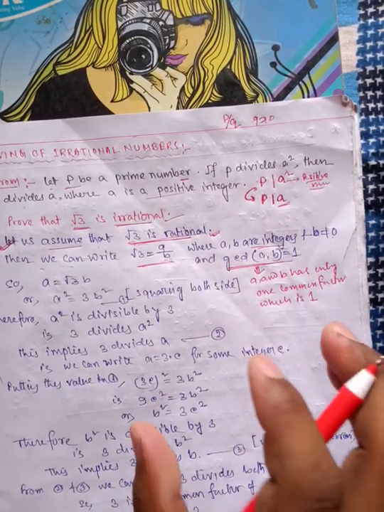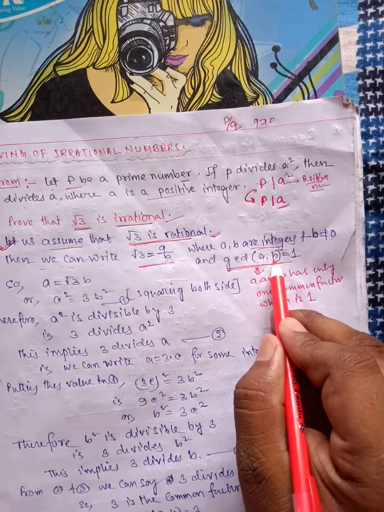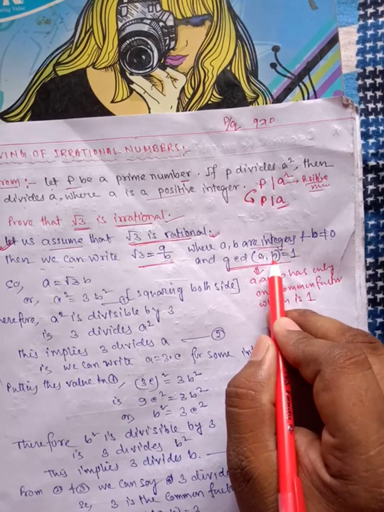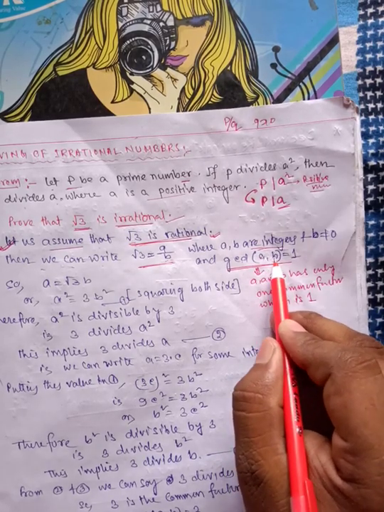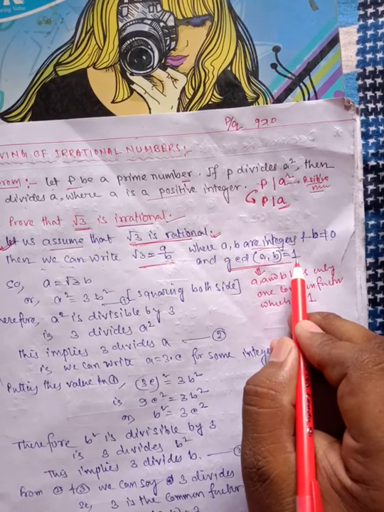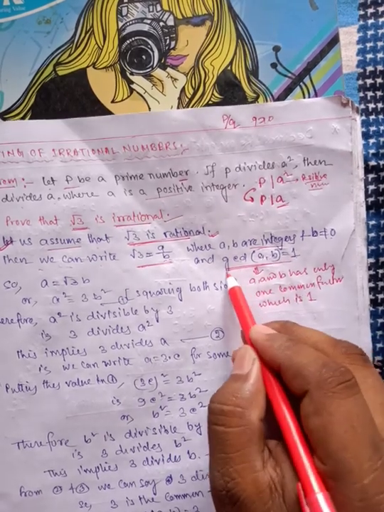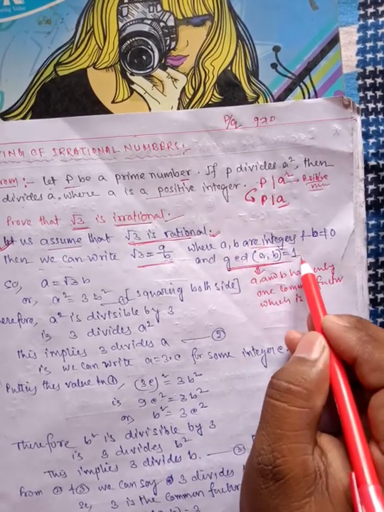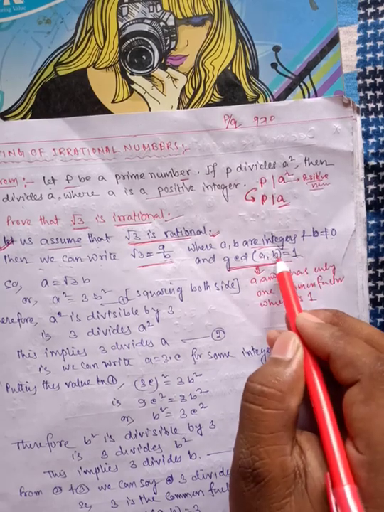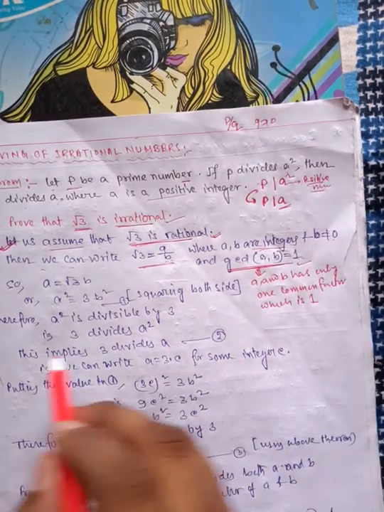Except 1, there is no common factor between a and b. Understood? This is the meaning of GCD of a comma b equal to 1. So a and b have no common factor other than 1.